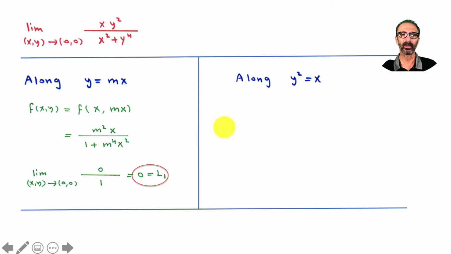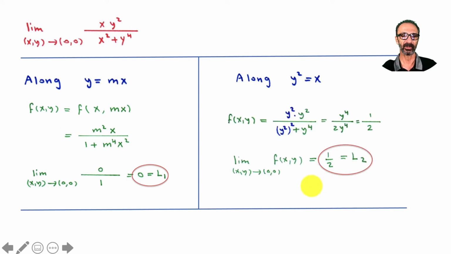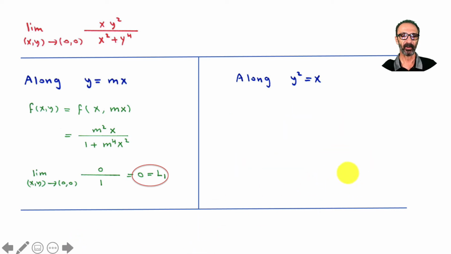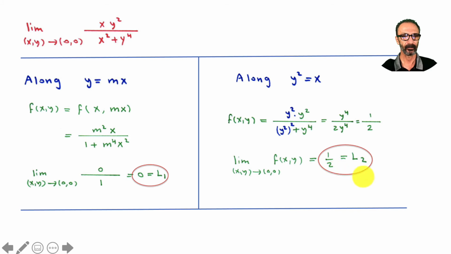Let's go along y to the second equals x. This is like a parabola, if this is the origin, a parabola that opens to the right. Usually we see it as y equals x to the second, not x equals y to the second. Now you might say, why do you think this way? I said early, enough practice will give you hints.